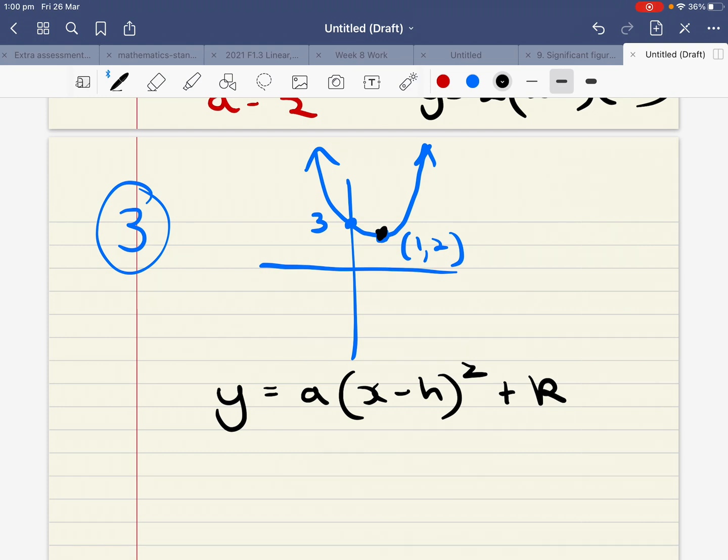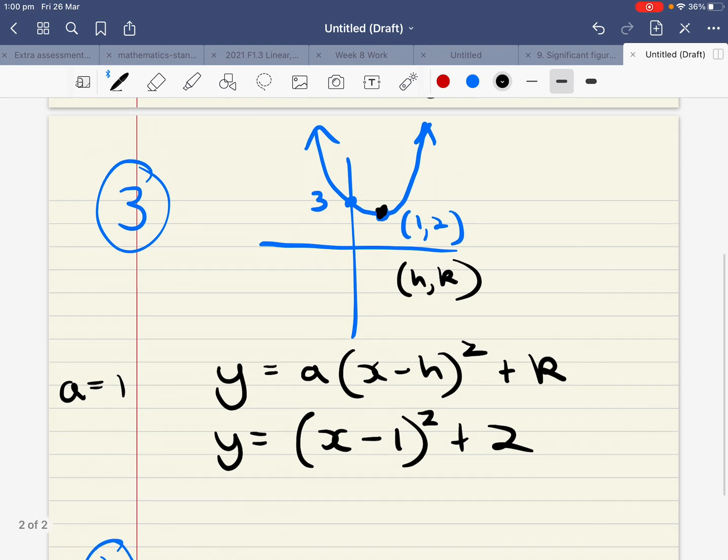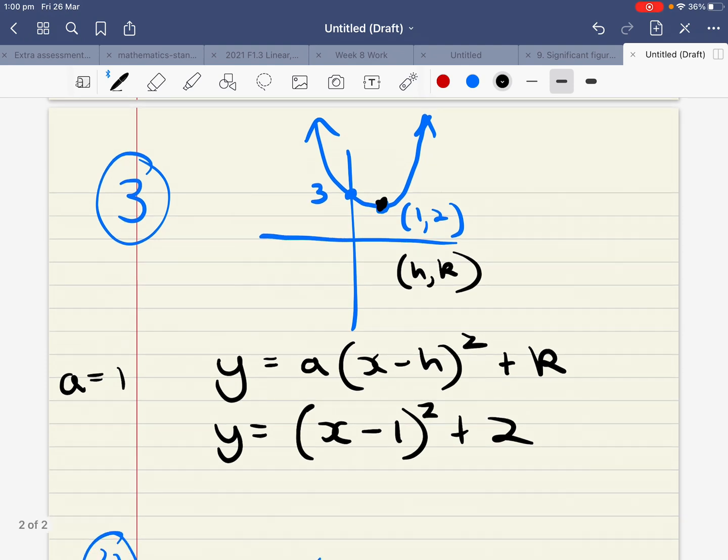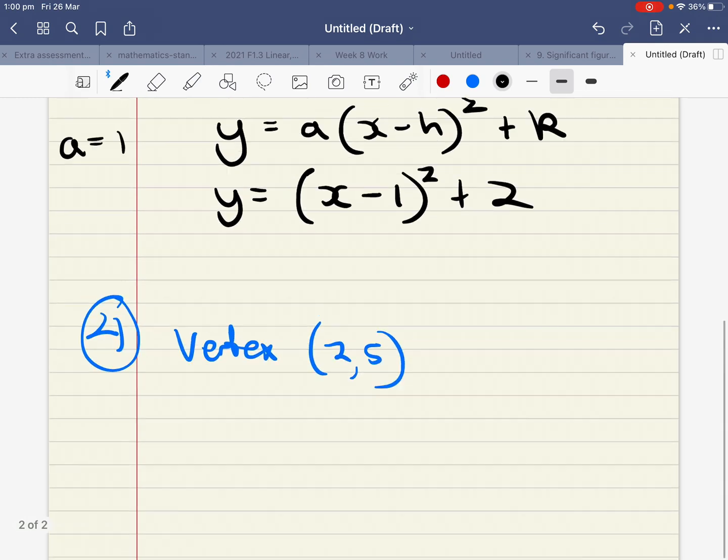In this question, we're told that a is 1, and so we just put in the values of h and k, the coordinates of the vertex, so it'll be (x minus 1) squared plus 2. And again, you could expand that and write it in general form if you wanted to.